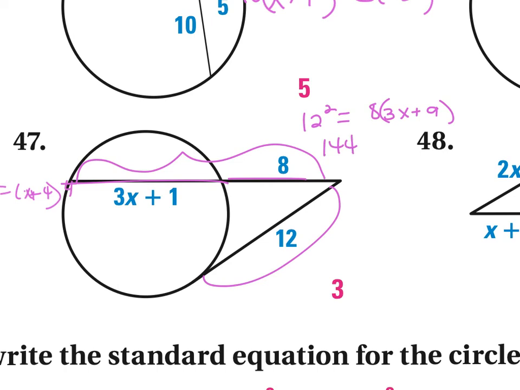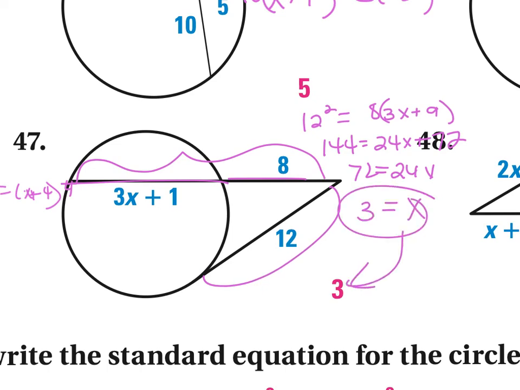So 144 would equal 24x plus 72. 144 minus 72 is 72, and 72 divided by 24 is 3.